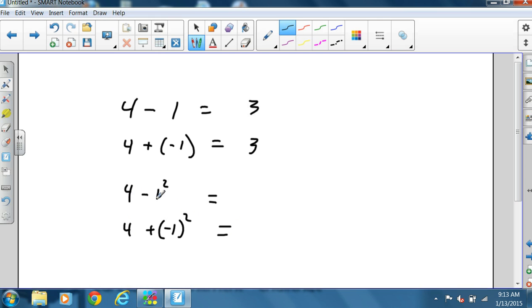In the first case I have a 3. In the second case, I have a 5. So the minus sign in this case, meaning subtract, doesn't mean 1's negative. The minus sign in the other case means the 1 is a negative number. When I square a negative number, I get a positive number. Okay?